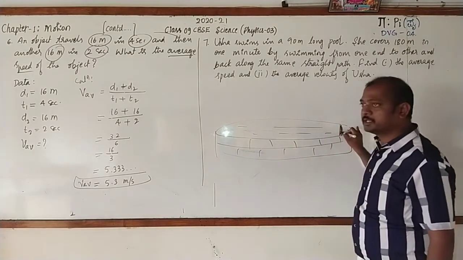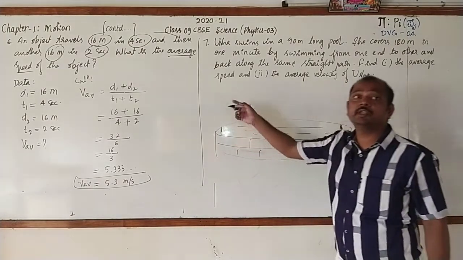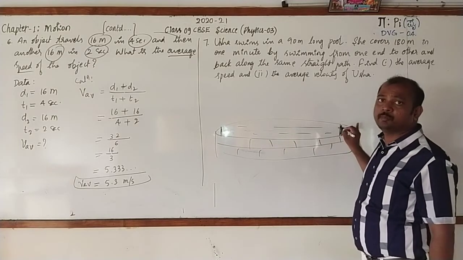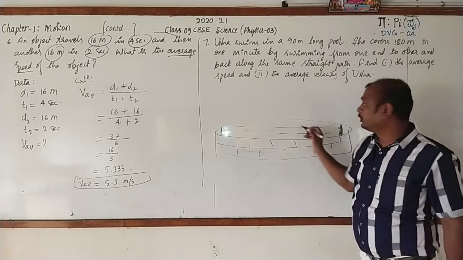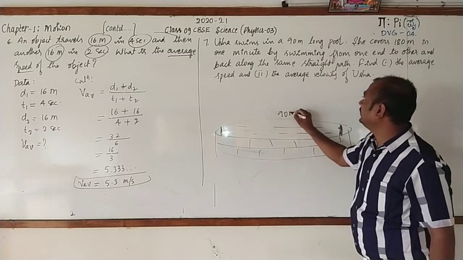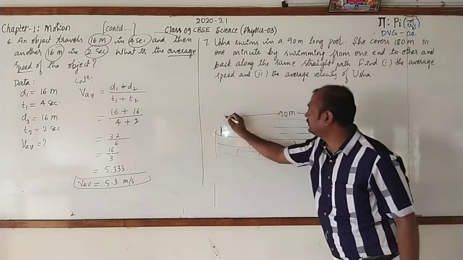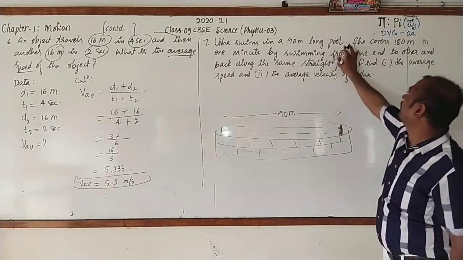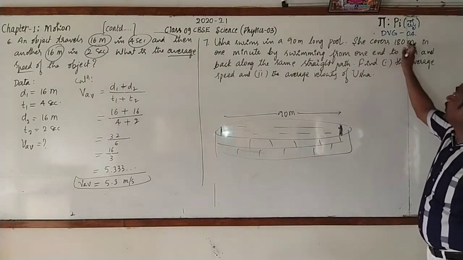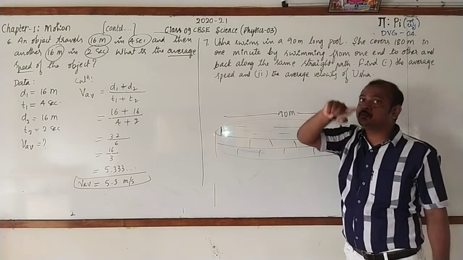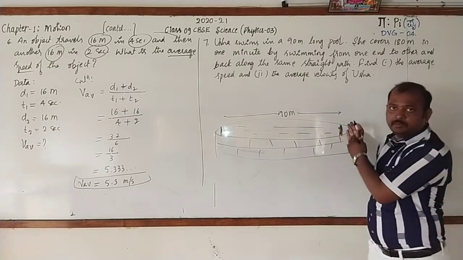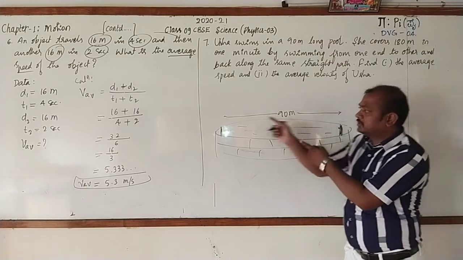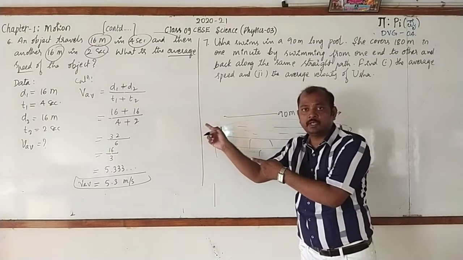This is the initial position and this is the terminating position. She will start swimming from here. What is the length of the pool? It is 90 meter from here to here. She covers 180 meter in 1 minute. She covers 180 meter. That means she starts from the initial position and reaches the final terminating position.